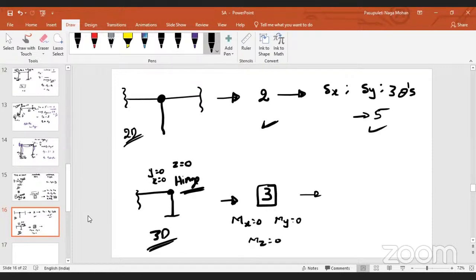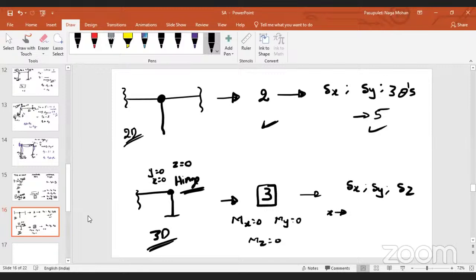Now, first of all, come to the displacements. It is a 3D, so how many displacements are possible? 3. Delta x, delta y, delta z. Now, think about the x direction. Along the x direction, how many rotations are possible?